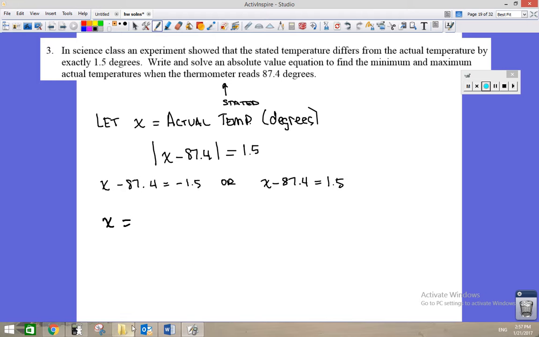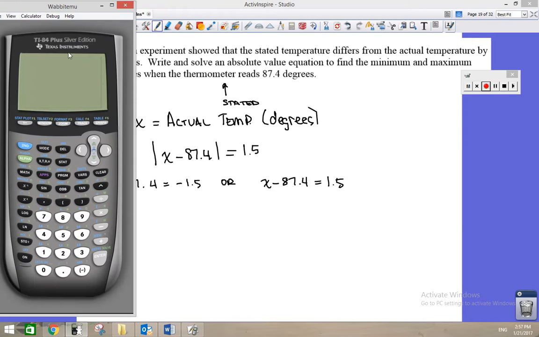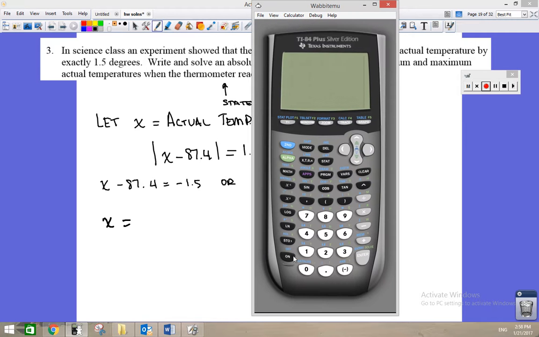All right, so let's take 87.4, add that to both sides of this equation.